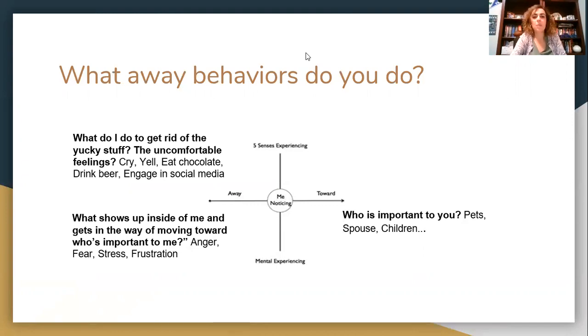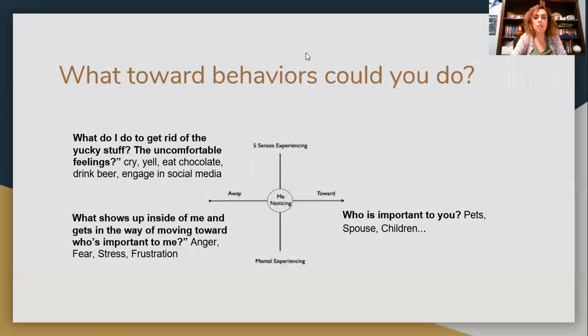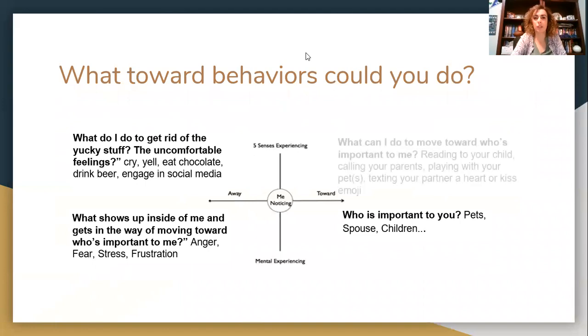So moving now into the upper right-hand quadrant, let's think about what are some toward behaviors that you can do to get closer to who or what is important to you.